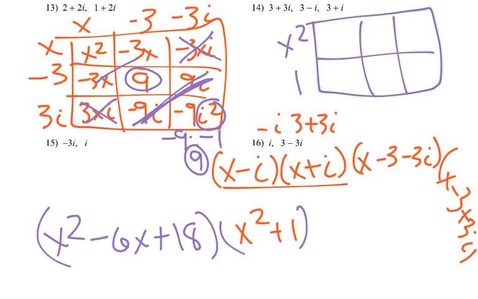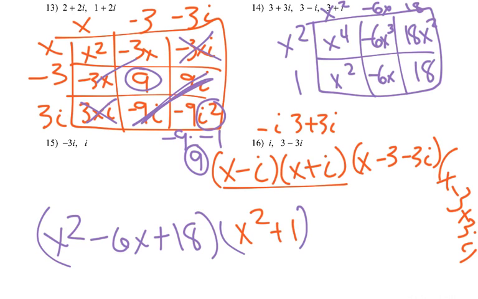So x squared and 1, x squared, negative 6x, positive 18, so x to the 4th, minus 6x cubed, 18x squared, negative 6x, positive 18. So for number 16, my answer ends up being, let's do it in green, x to the 4th minus 6x cubed plus 19x squared minus 6x plus 18.